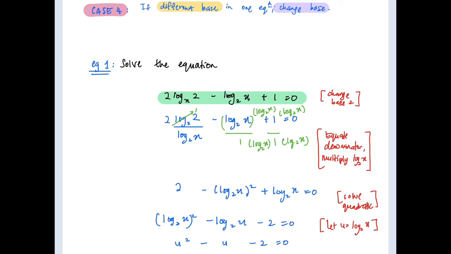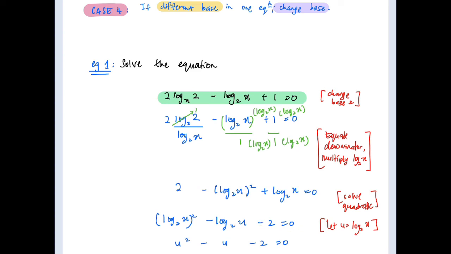Let's equate the denominator: multiply all of the terms with log base 2 of x, both denominator and numerator. Obviously, you will have log base 2 of x squared, so this indicates a quadratic equation. Bring this squared term to the first term. You have minus, so multiply everything by minus 1. So you have log base 2 of x, squared, minus log base 2 of x, minus 2 equal to 0.